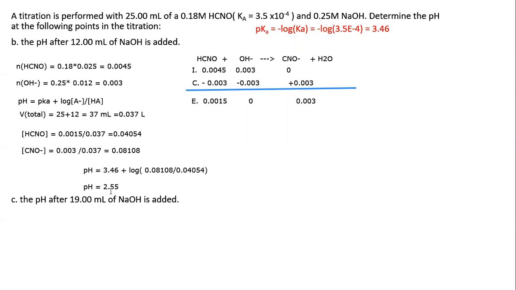And so the last one that we're going to do is what's the pH after we add 19 milliliters of sodium hydroxide. So again, we need to find the moles of weak acid, which is the same as what we found initially on the previous question.